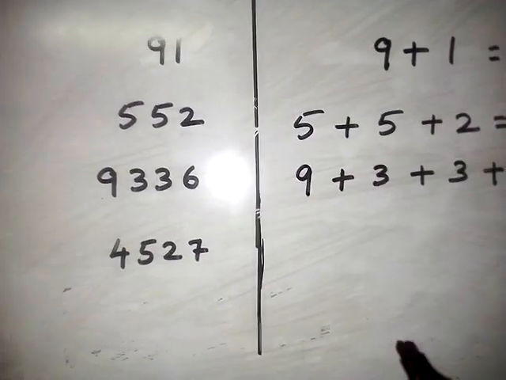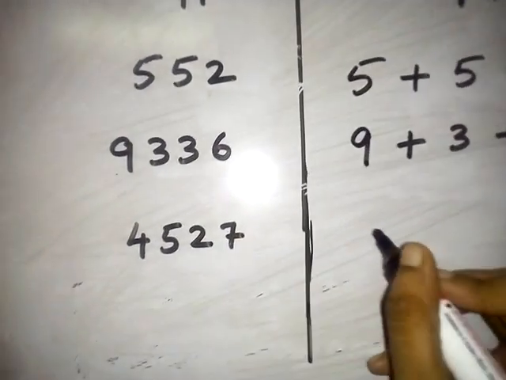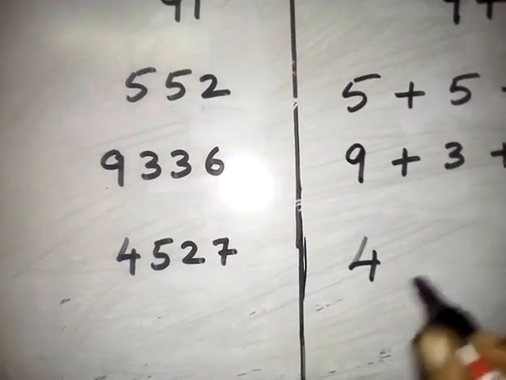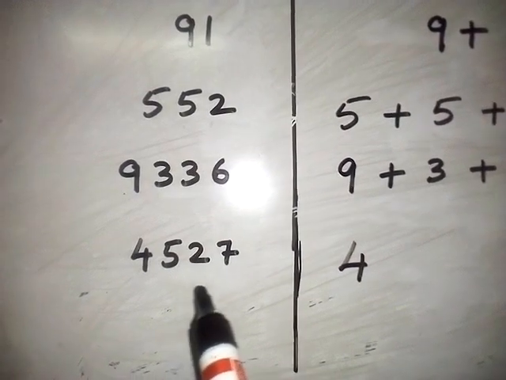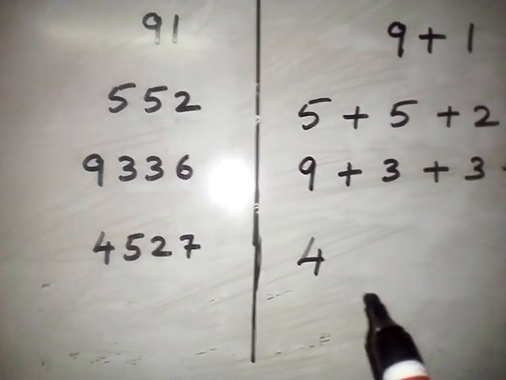Last one. Write the given number here, write in the sum of the digit form.